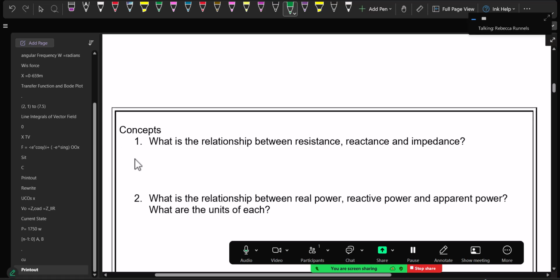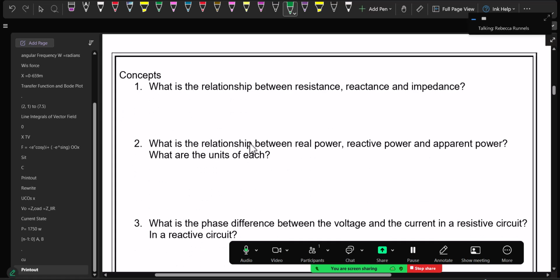So what is the relation? This is just review. What is the relationship between resistance, reactance, and impedance? We've done that a million times, but we had not when I wrote this last semester. Maybe we haven't done it a million times.